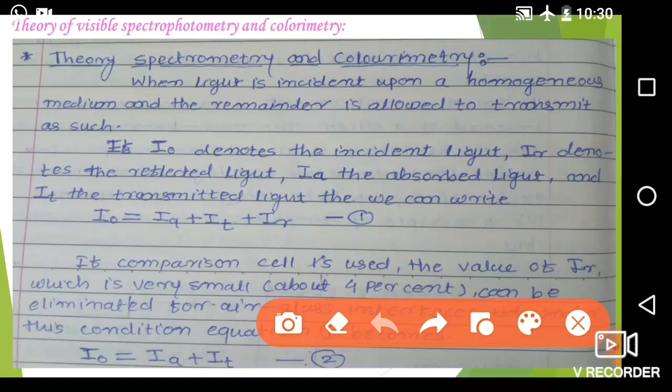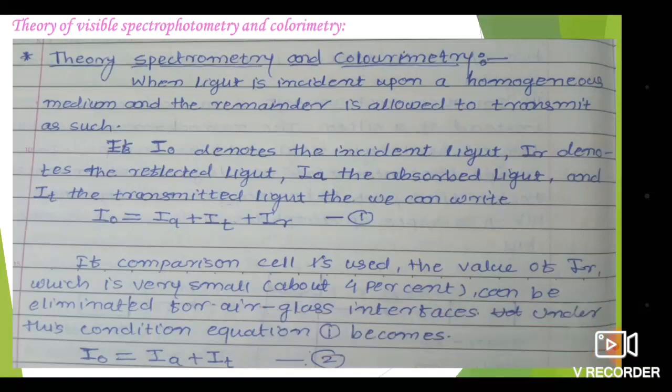Then equation 1 becomes I0 is equal to IA plus IT.